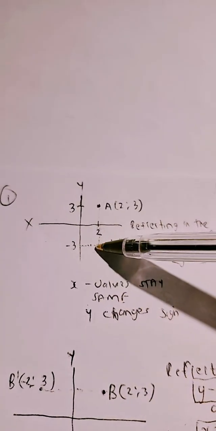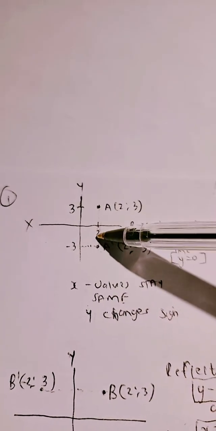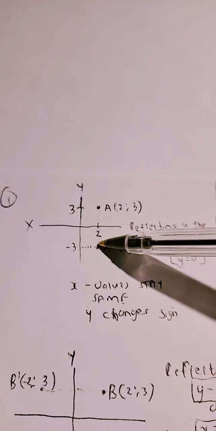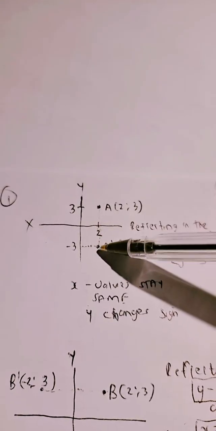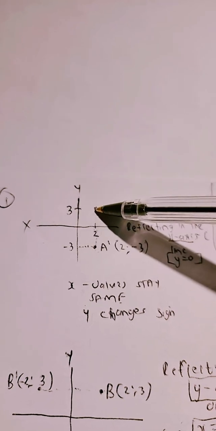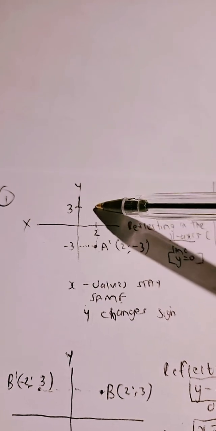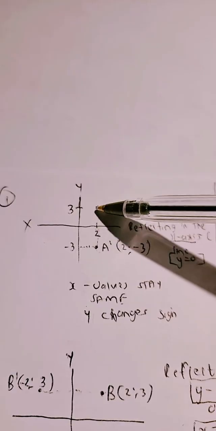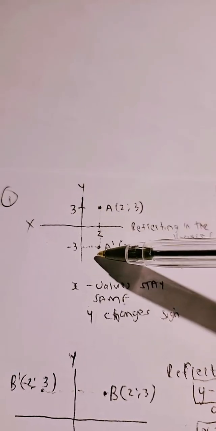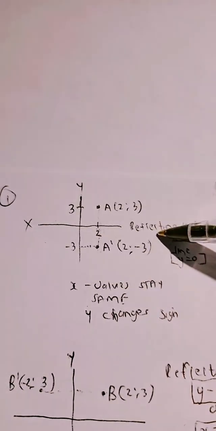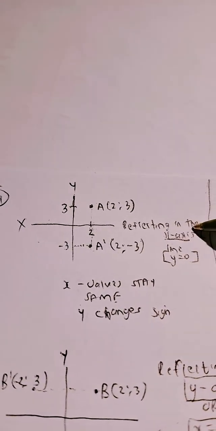So we could say, for instance, the distance here is 3 units, because from 0 to negative 3 is 3 units, and then from 0 to positive 3 is also 3 units. So the points are equidistant to the line of reflection, which is the x-axis.